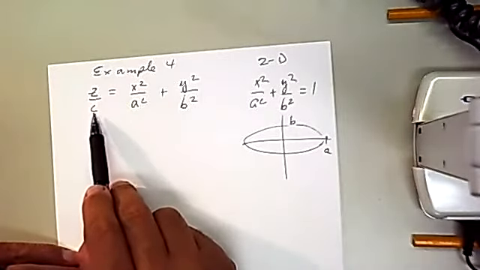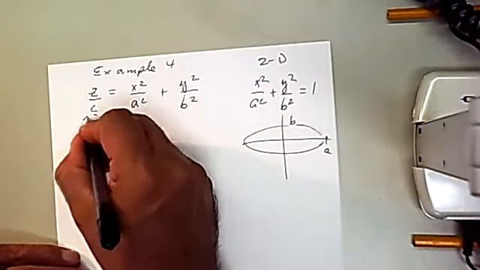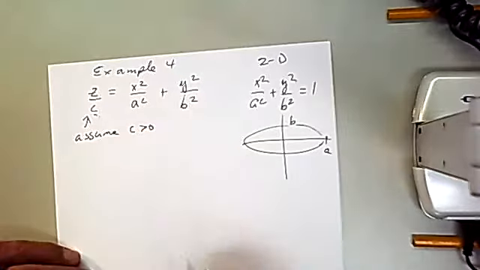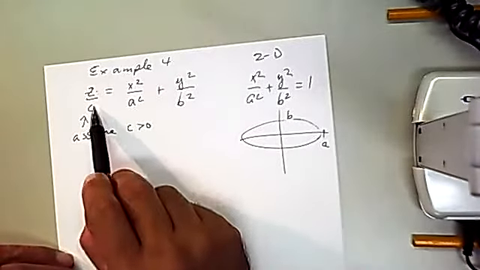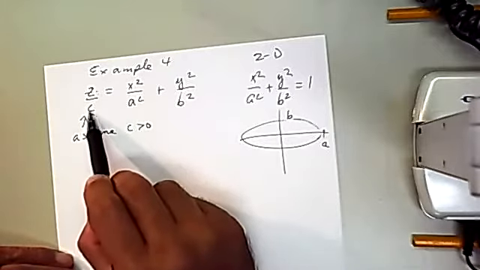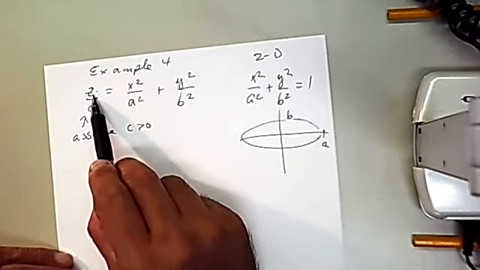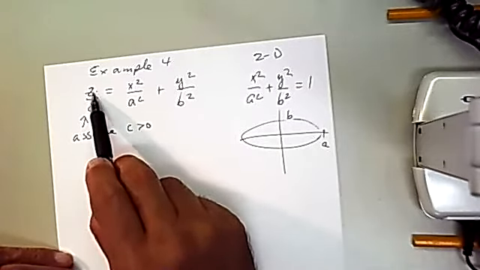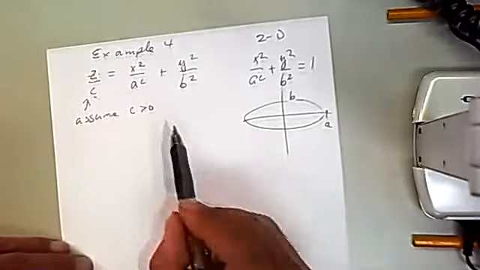We're assuming that C is positive. By the way, C could be negative, but let's assume C is positive. And remember, when we divide a variable by a constant in this kind of equation, what that tells us is how far we can go before we reach 1. So this quantity will be 1 when Z matches the value of C. All right.